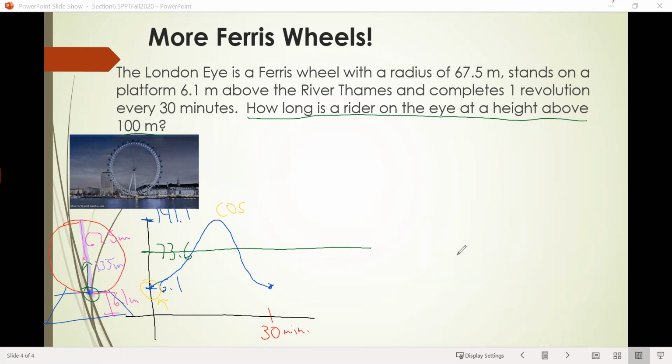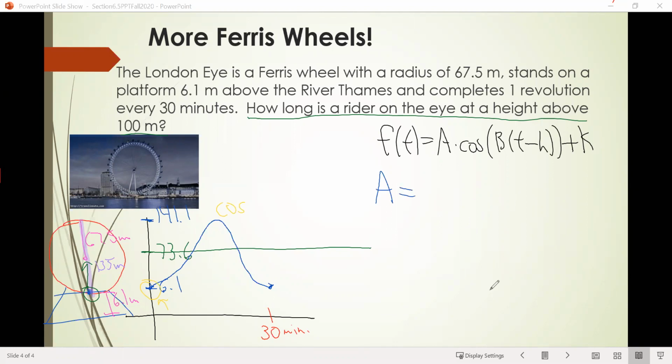All right, so let's identify, first of all, we know since this is cosine, our formula will be something like f of t equals a times cosine of capital B times t minus h, plus k. We need to identify all of these different things: the value for a, the value for capital B, the value for h, the value for k.